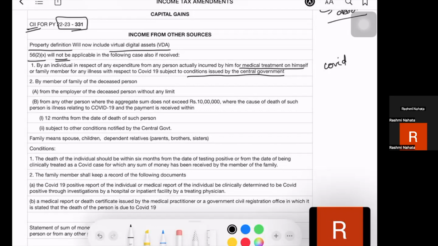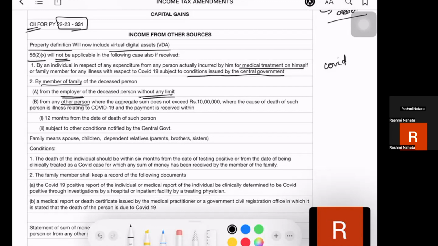Second, in case of death of a person due to COVID illness, if family members of such deceased person receive an amount from the employer without any limit, so if the employee of an organization had died because of COVID and the employer is giving the family members any sum, it shall not be a taxable gift.